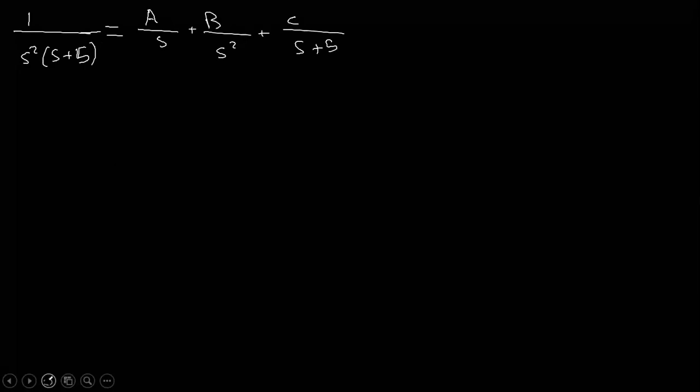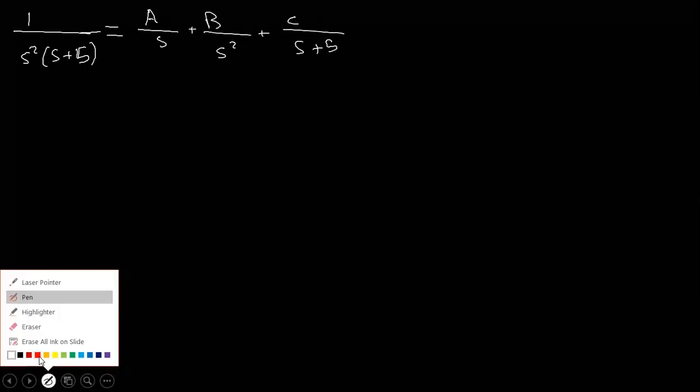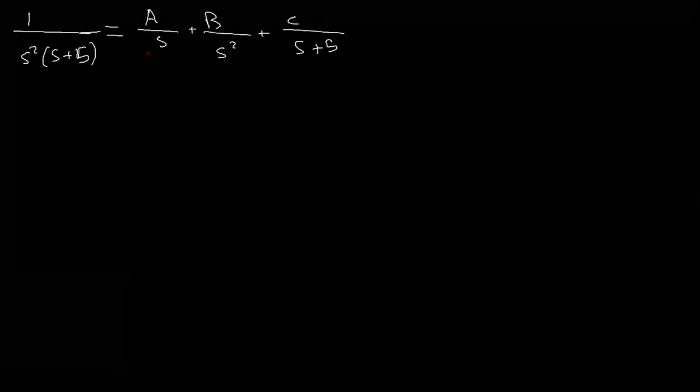Now I'm going to use the red maybe to have the same denominator, then cancel out the common denominator. So here I need S plus 5, up and down. Here I need only S plus 5, up and down. Here I need only S squared, up and down.